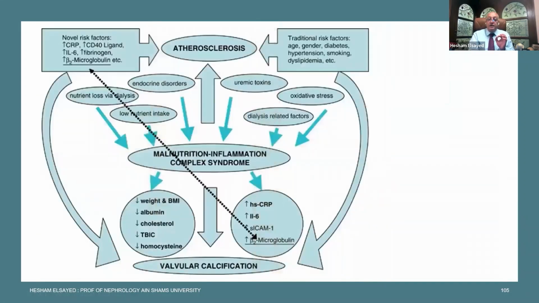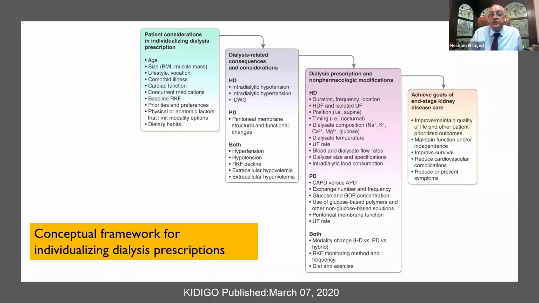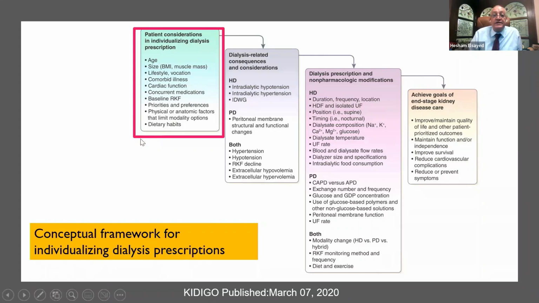Other than that, malnutrition and inflammation are important because ongoing vascular calcification is higher. So the conceptual framework is individualizing the dialysis prescription, including the patient size, the patient age, the lifestyle, what other comorbidities, what is the basic cardiac function, what is the residual kidney function, and you can plan a lot of the hemodialysis process: the ultrafiltration profile, and calcium, magnesium, and glucose in the dialysate.